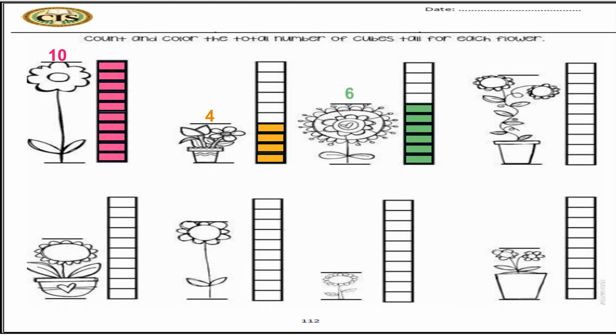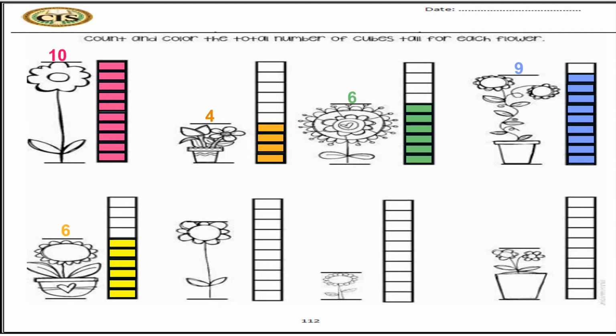6 cubes. Flower number 4, 1, 2, 3, 4, 5, 6, 7, 8, 9. 9 cubes. Flower number 5, 1, 2, 3, 4, 5, 6. 6 cubes.